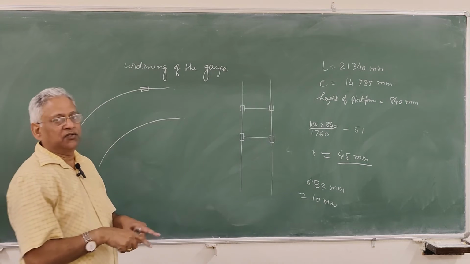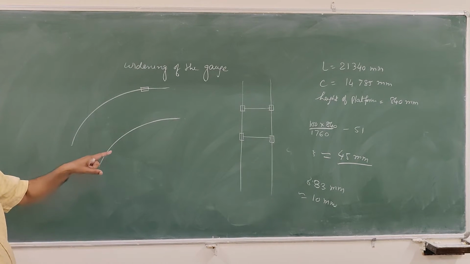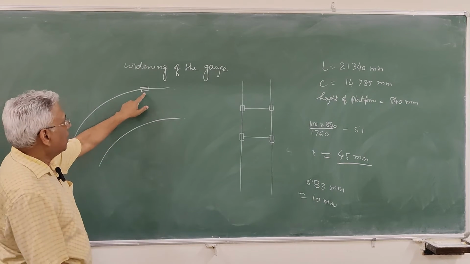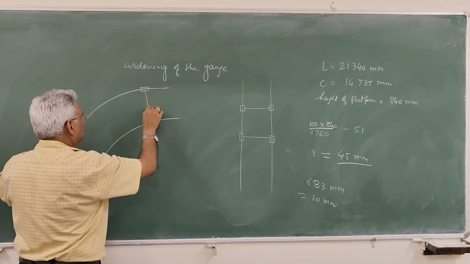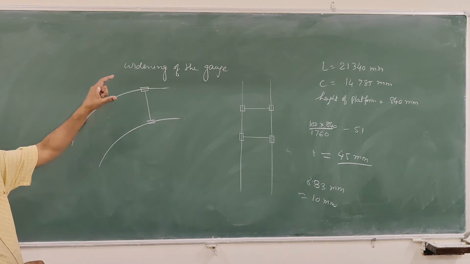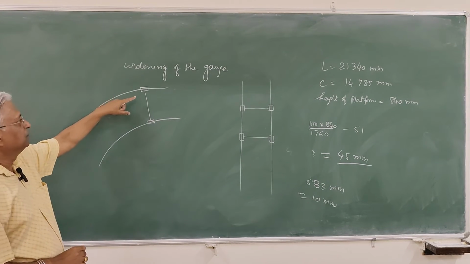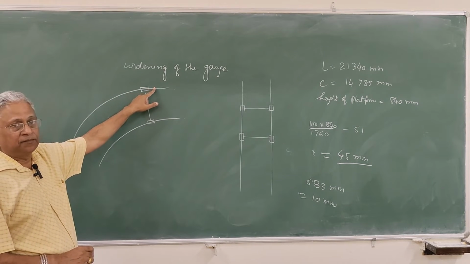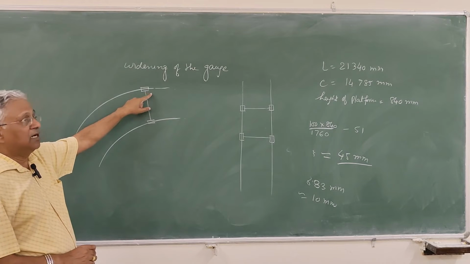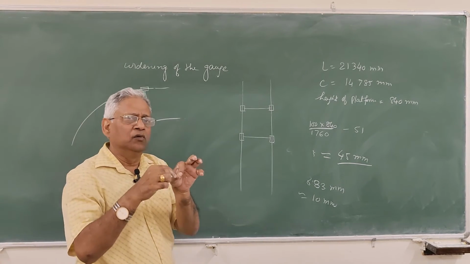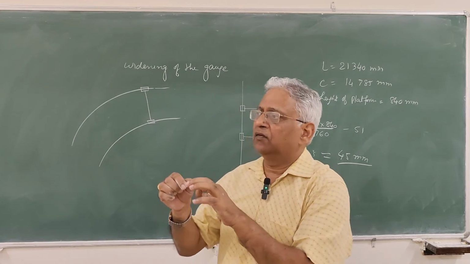But as soon as the vehicle enters a horizontal curve, this outer wheel will continue to move in a straight direction until the flange of this wheel strikes against the side of the outer rail.